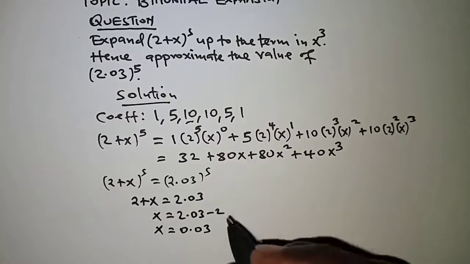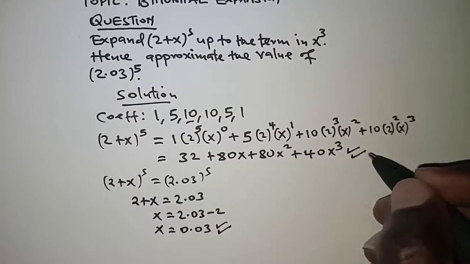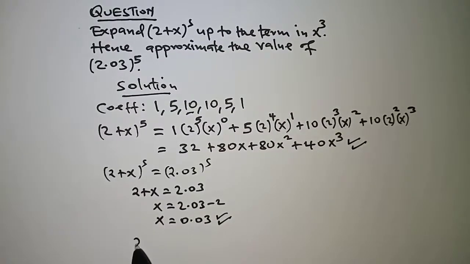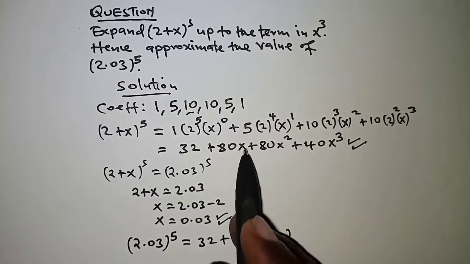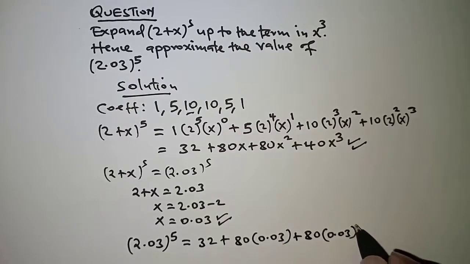So the next thing is to substitute the value of x in our expansion, so that finally we'll have 2.03 raised to power 5 equivalent to 32 plus 80 into 0.03, because x is 0.03, plus 80 into 0.03 squared plus 40 into 0.03 cubed.